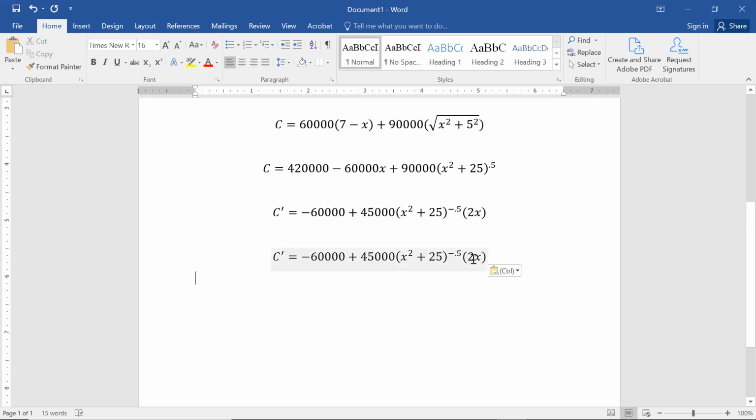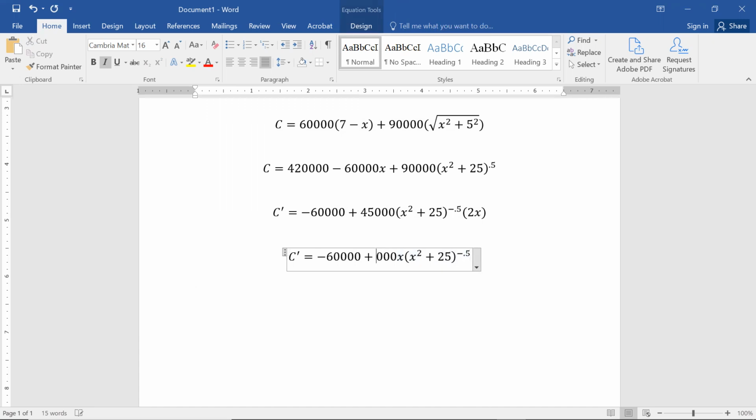The 2x multiplied by 45,000 is going to be 90,000 times x. Instead of writing this as x squared plus 25 to the negative 0.5 power, I think it's easiest to see this as dividing by the square root of x squared plus 25. Hopefully that makes sense.